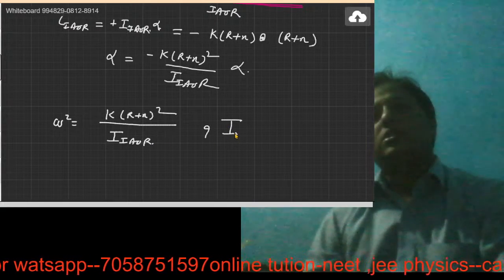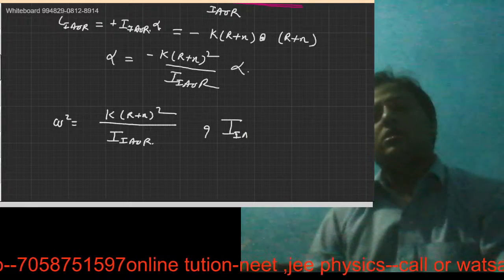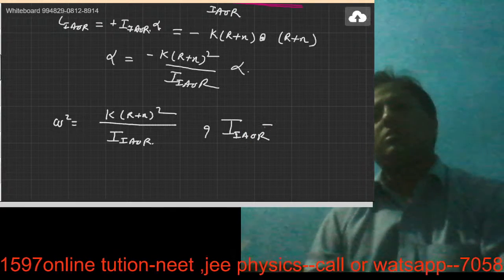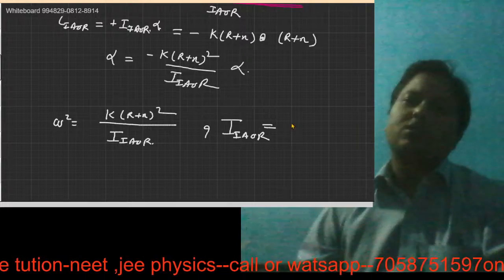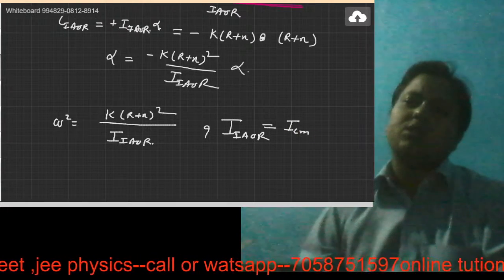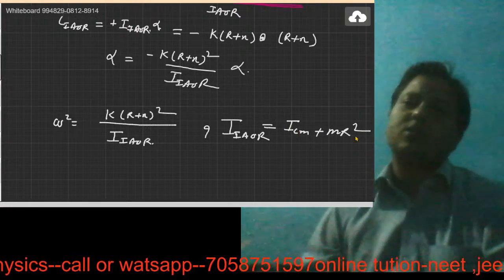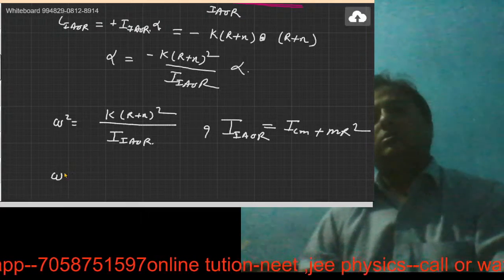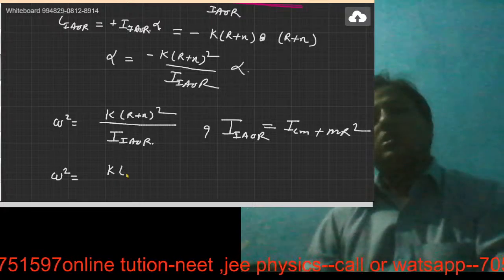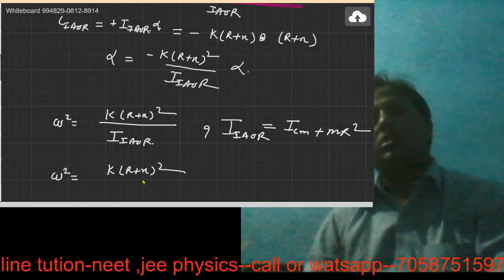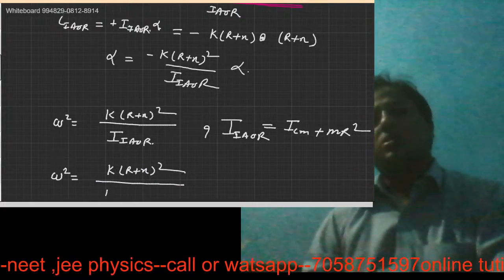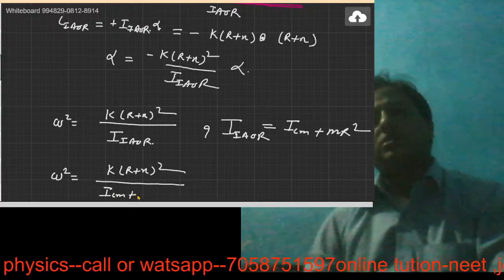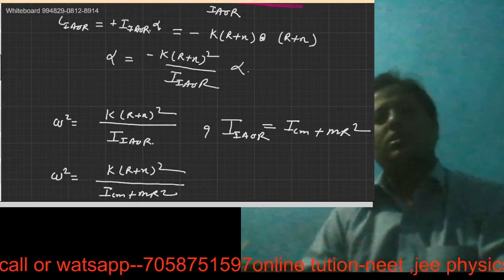What is IAOR? I center of mass plus m r square. So omega square equals k into r plus x whole square divided by I center of mass plus m r square.